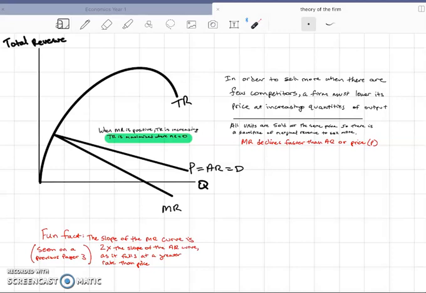That is, we have to lower the price if we want to increase the quantities that are going to be demanded from this company that's producing. We can see our total revenue curve is going to be increasing, increasing, increasing, and eventually total revenue is going to fall off at very high quantities.